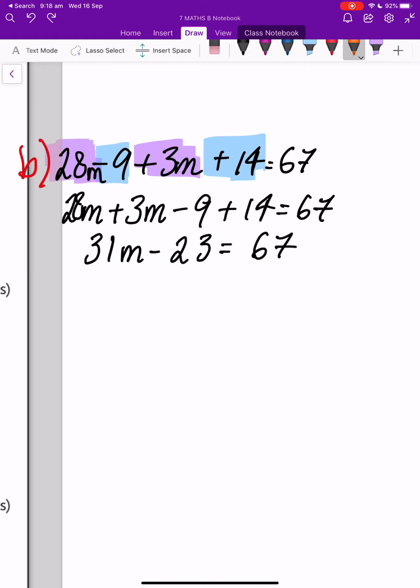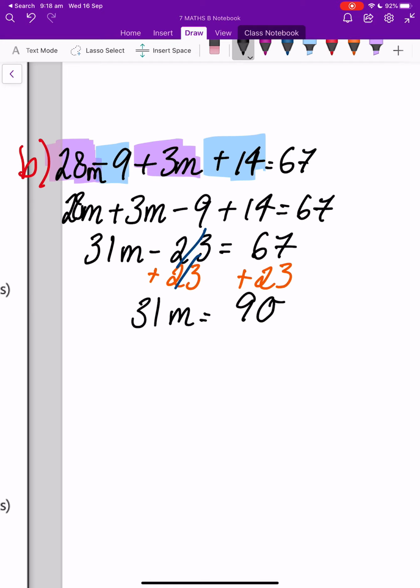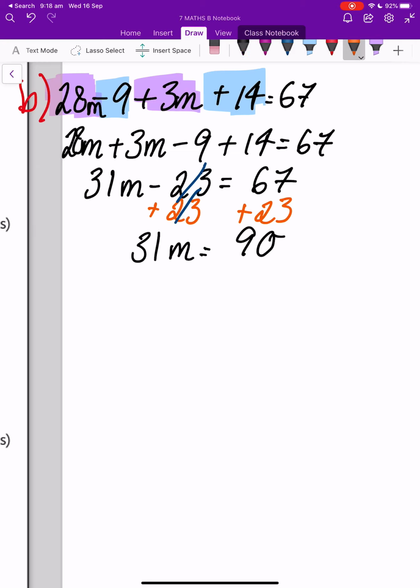The opposite of subtracting 23 is to add 23. We need to do that to both sides. On the left-hand side, I can cross that out. I have 31m equals 67 plus 23, which is 90. I need to divide both sides by 31.